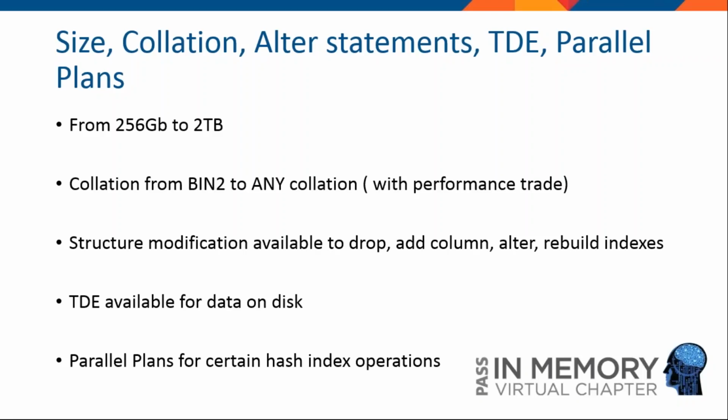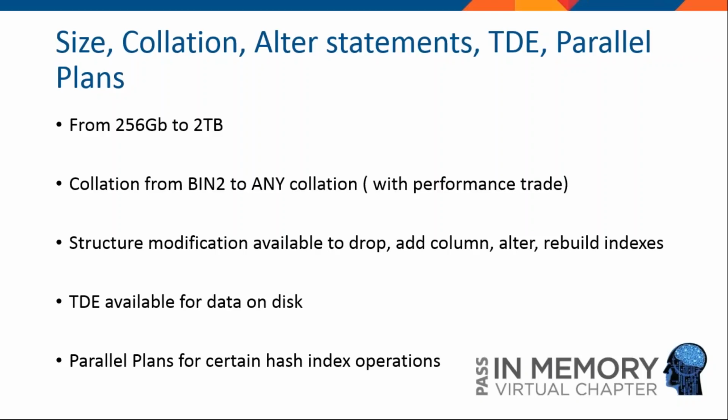Now you can have a 2 terabyte table in memory. And that's actually a lot of space. And of course, you need to make sure that your server does have the memory to support that, right? You're probably not going to be able to store 2 terabytes of information if you have just a small server with 8 gigs of RAM.